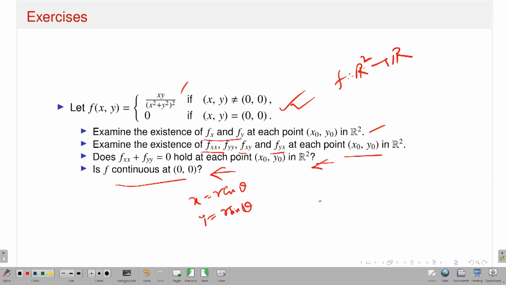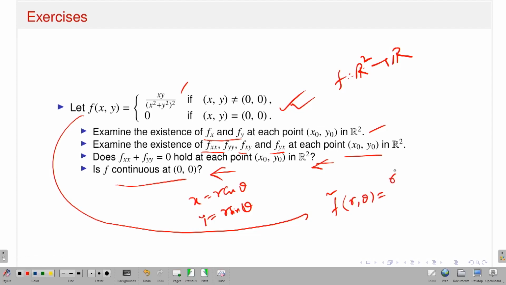So what sort of function will it be? This function will change to, say, f tilde of r, theta. What is this? For xy, that means this should be r square sine theta cosine theta, divided by x square plus y square, right? So you just use the trigonometric rule. What will we end up with? It is r to the power 4.